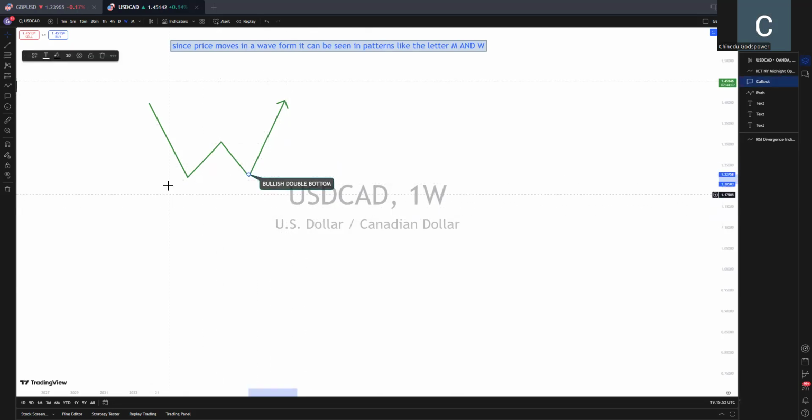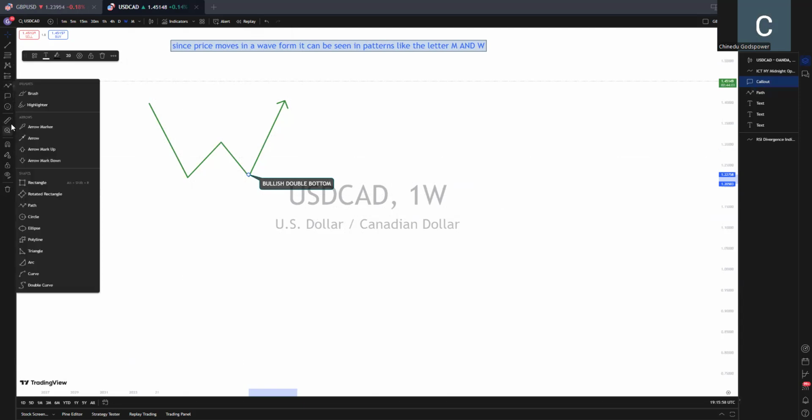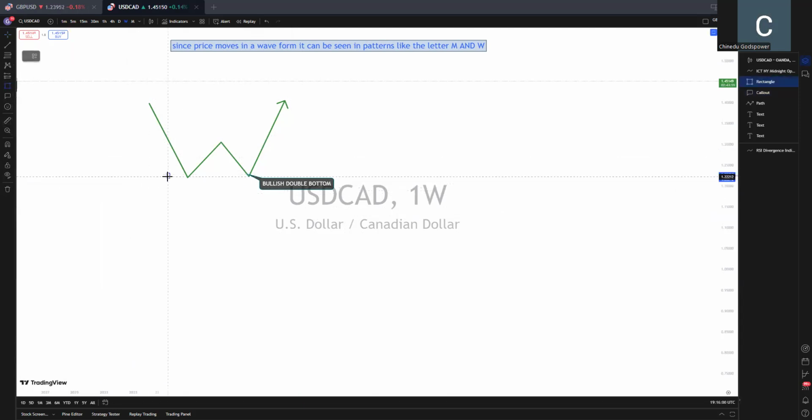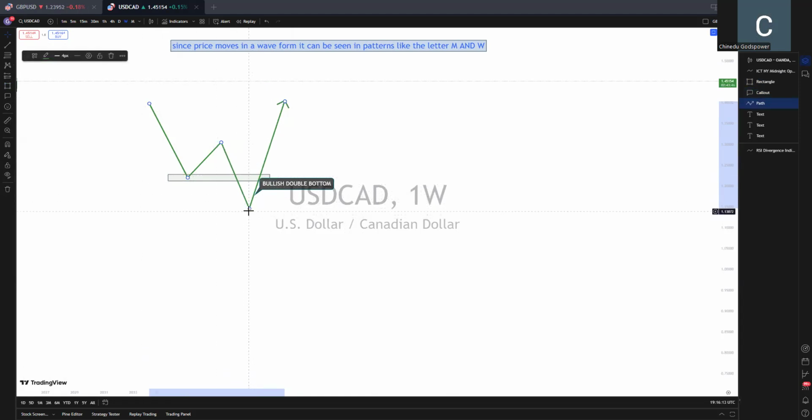Why do we call it a double bottom? It's looking in a waveform and it is a W. It is called a double bottom because of this zone below. You see it? They have two almost equal lows. Sometimes it doesn't have to be perfect. You might see something like this. It is a double bottom. But they call this another thing.